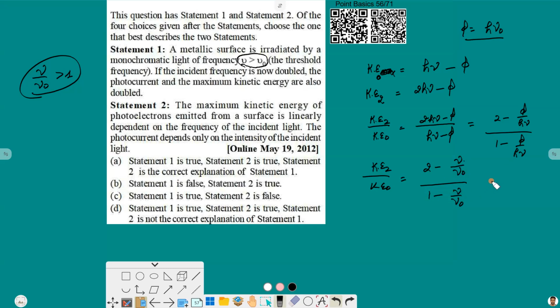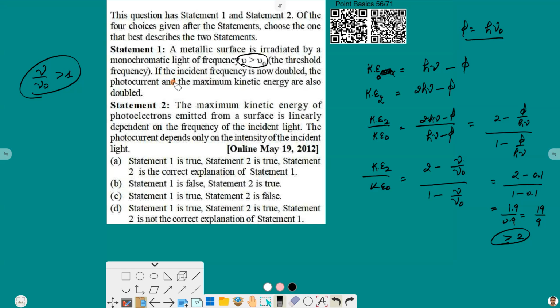So this can be written as 2 minus 0.1 divided by 1 minus 0.1. This will be 1.9 by 0.9, so that is 19 by 9, which is greater than 2 because 9 twos are 18. So it means the kinetic energy will be increased more than 2 times.